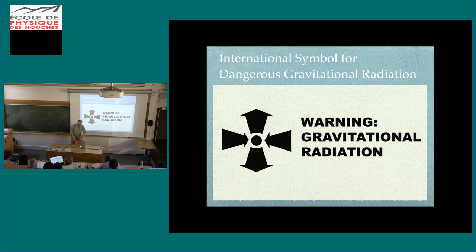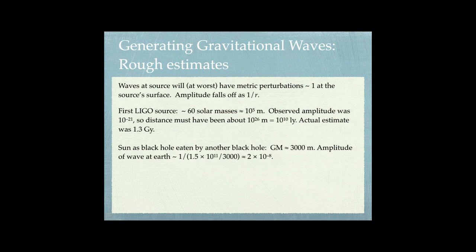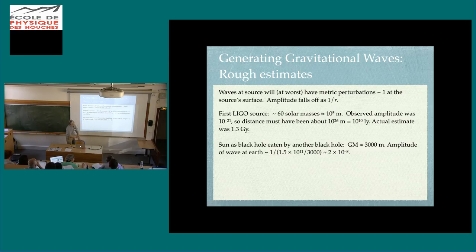Right? Okay, sorry, that's a geeky joke. But dangerous gravitational waves are kind of a contradiction in terms, we'll talk about that shortly. Well, we'll talk about it right now.